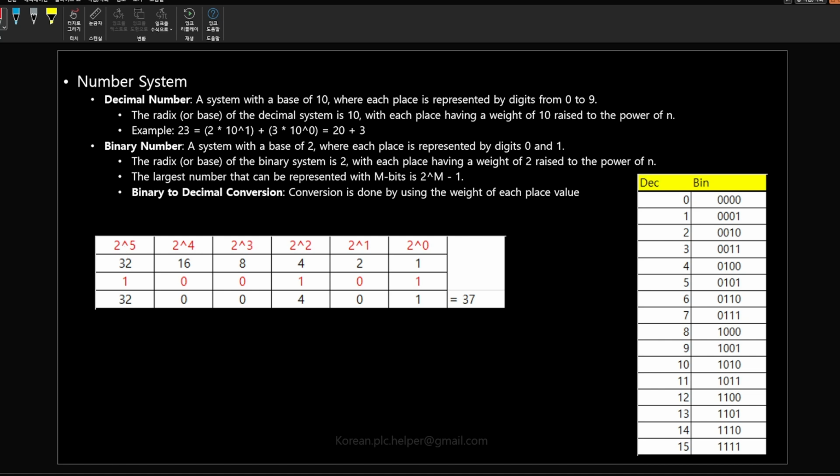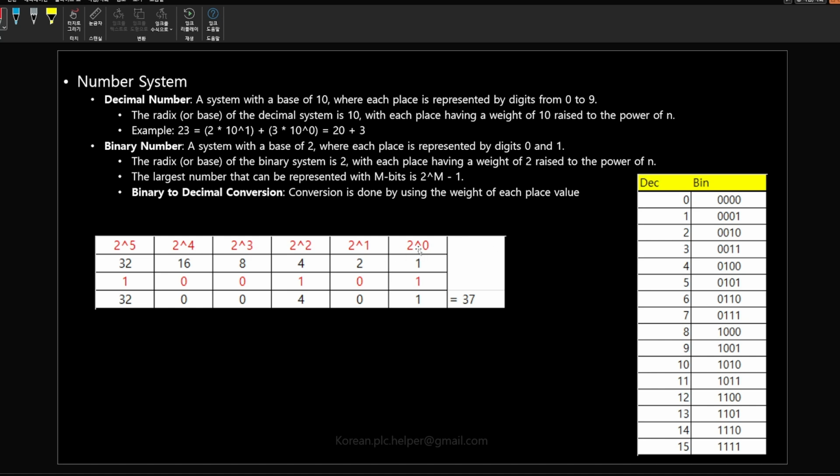Now, if the binary number is 1, 0, 1, 0, 0, 1, and the corresponding bit is active, you take that bit as it is.